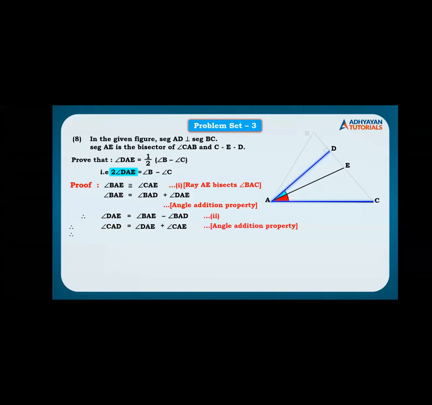So that becomes CAD minus DAE. I hope that is clear. Sorry, minus CAE, because I've kept DAE alone, I will be shifting CAE. My mistake, children. I hope that is clear. In order to keep DAE alone, we'll be shifting CAE to the left hand side. So that becomes CAD minus CAE is equal to DAE. Right?